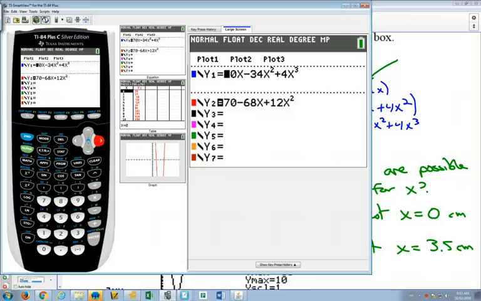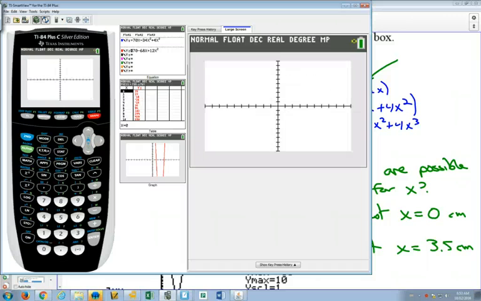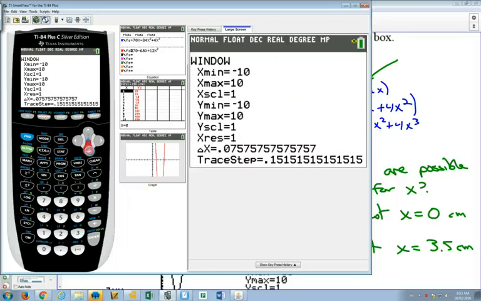So if you go over to the equal sign and push enter, it unhighlights that equal sign. So right now if I push graph, I'm only graphing the parabola that we had before. My window, I must not have pushed enter on my y minimum.